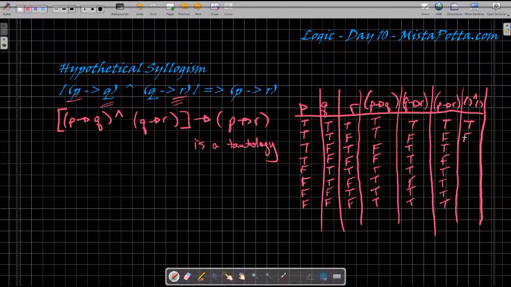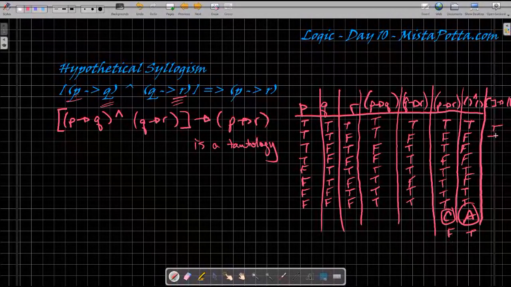The 1st row, the 5th row, the 7th row, and the 8th row. And with this being my antecedent, and this being my consequent, I'm looking for trues in this column and falses in this column.